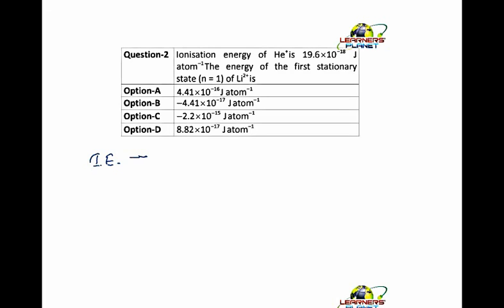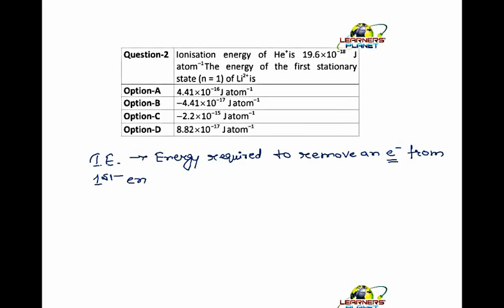What is it? Ionization energy is the energy required to remove an electron from the first energy level, that is n is equal to 1 to infinity, right?